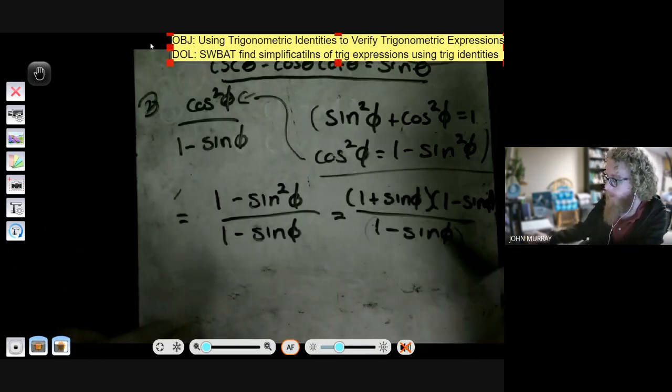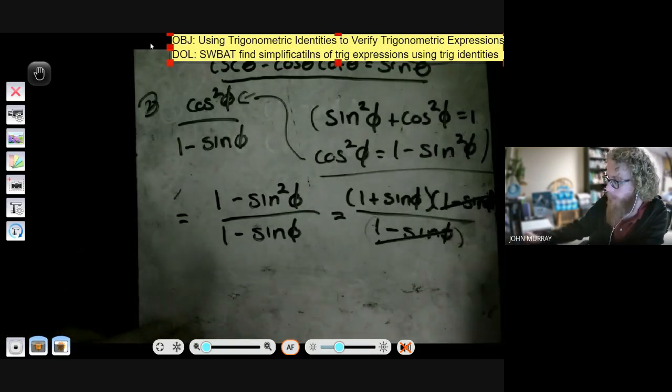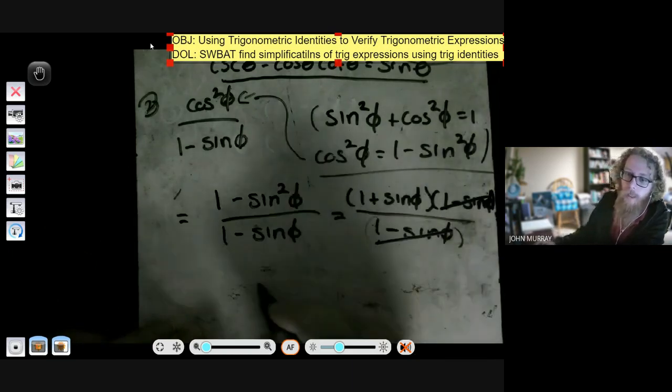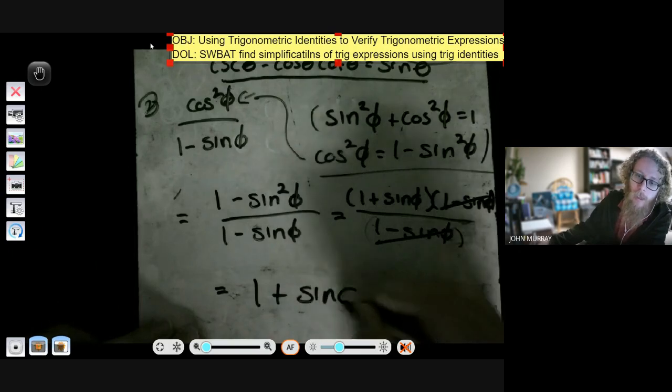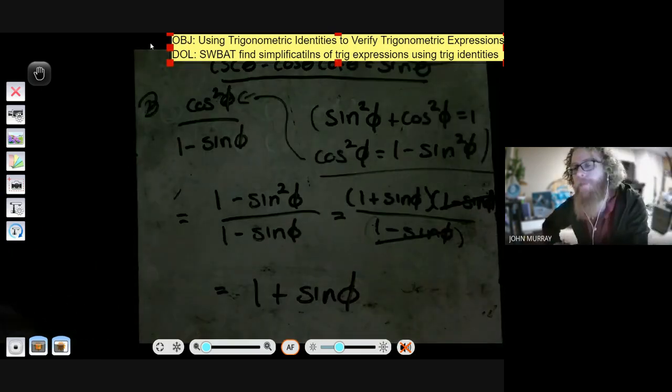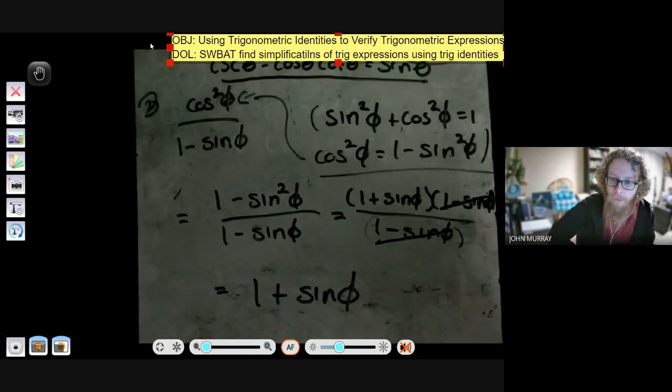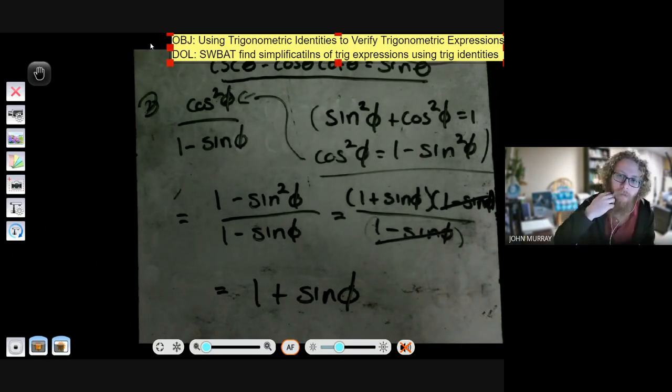Now, this denominator matches exactly with that numerator, and they eliminate each other, and we're left with 1 plus sine of phi. I'm just realizing now that I asked you to type these in, and typing in a phi is really hard.